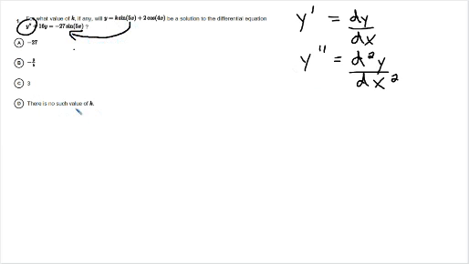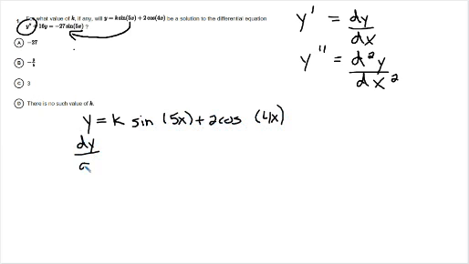So let's get started. If I have y equals k sine of 5x plus 2 cosine of 4x, the derivative of that is dy dx. Just following the chain rule, the derivative of the sine of 5x would be the cosine of 5x times 5.